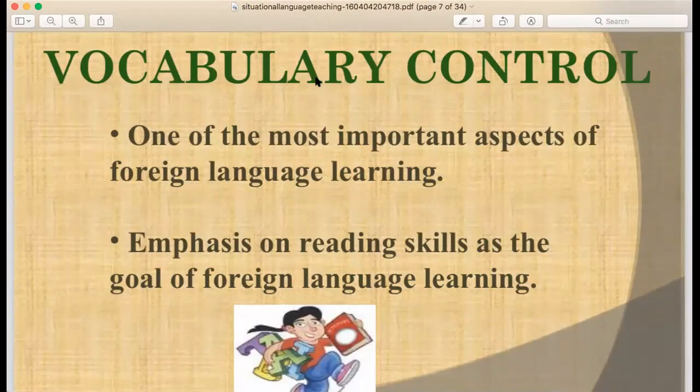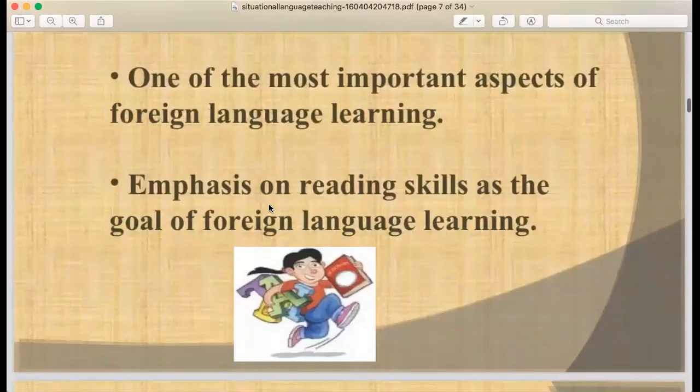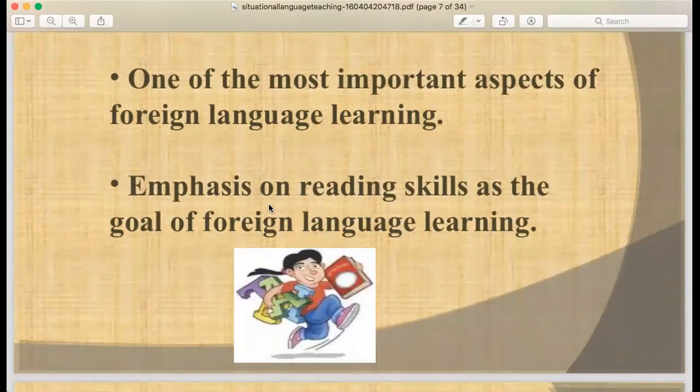As I told you, this method is a little elaborative, in the sense that it focuses on all four skills, but with a different purpose. Reading skills, of course, are a goal of language teaching and learning, but also reading skills for vocabulary. Reading skill as a skill, and reading skill for the purpose of teaching vocabulary.